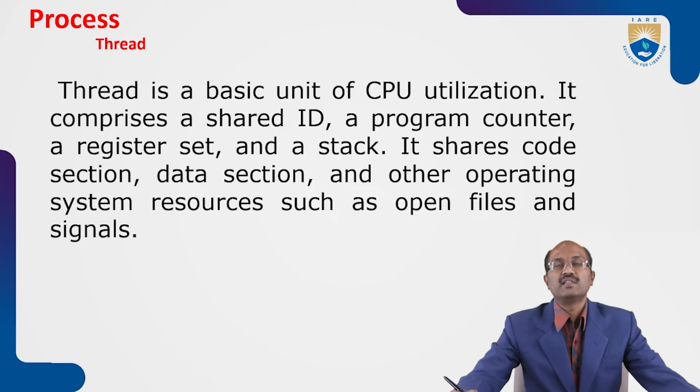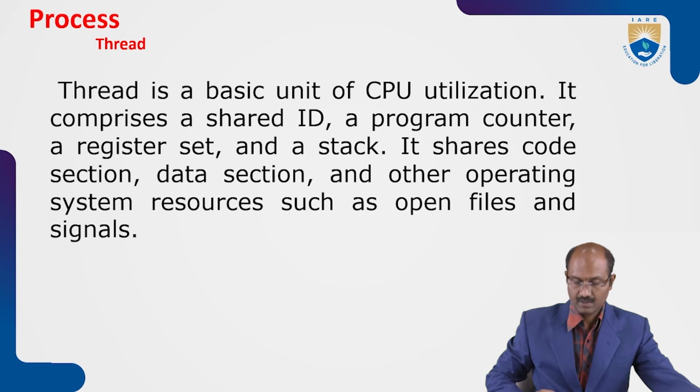These are the data structures that make up a thread. Again, there are data structures of a process also, that we will discuss one by one. A thread shares its code section, data section, and other operating system resources such as open files and signals. So this is the basic unit of CPU utilization, that is a thread.